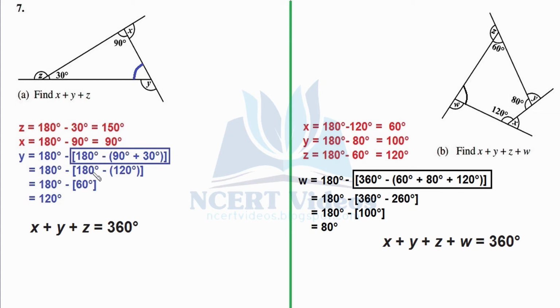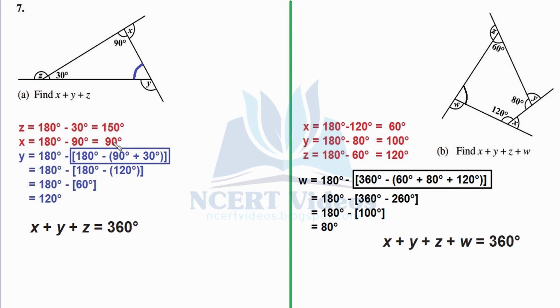This 180 degrees as it is minus as it is. Let's add it up. 90 plus 30 is 120. Again, we will solve this bracket now. So we wrote 180 degrees minus as it is. 180 minus 120 is 60. Now we can solve it. 180 minus 60 degrees is equal to 120 degrees. So we have found the measure of angle y equals 120 degrees.